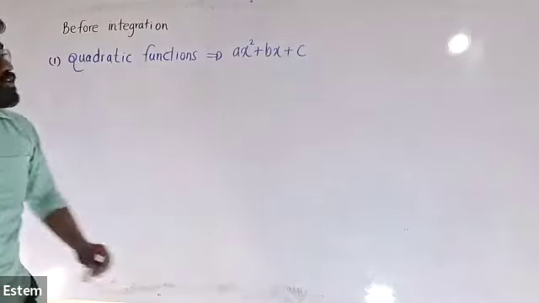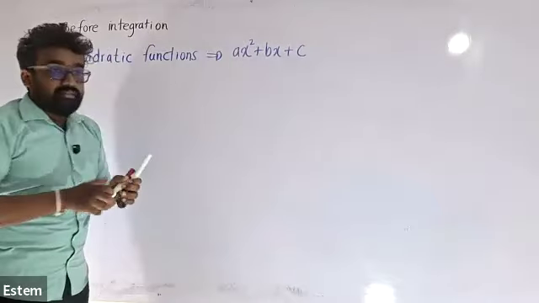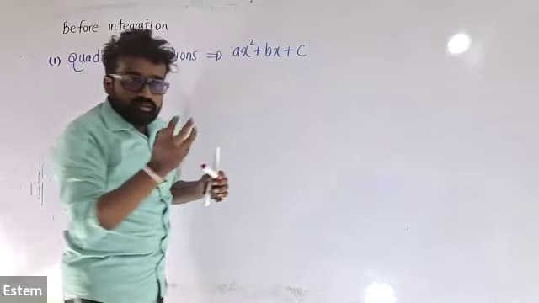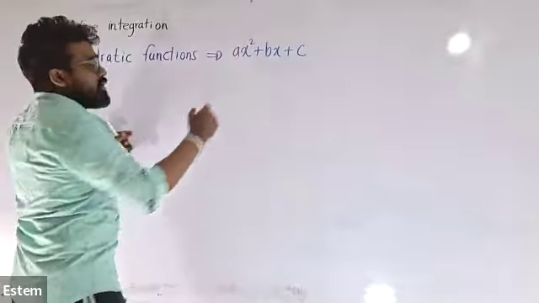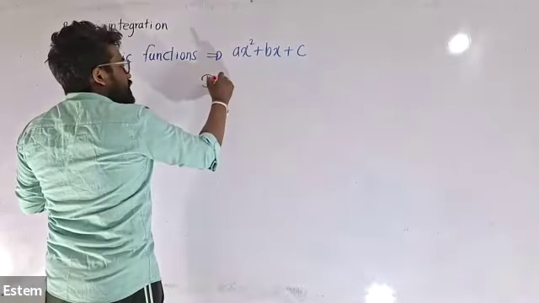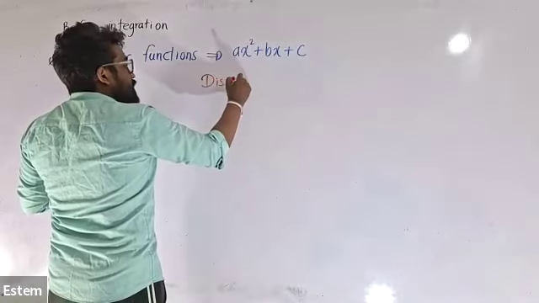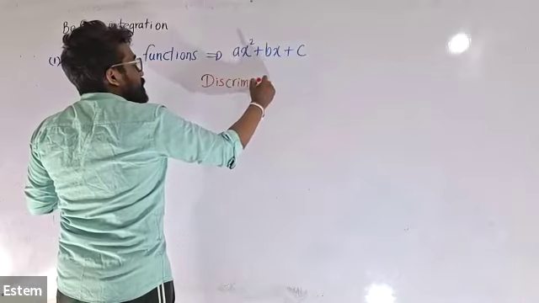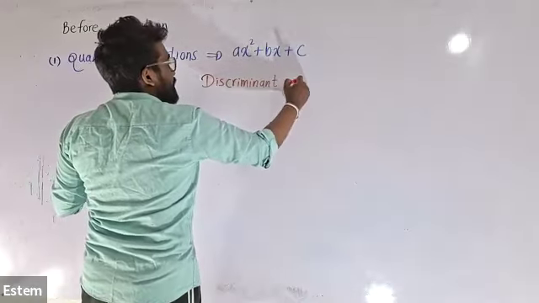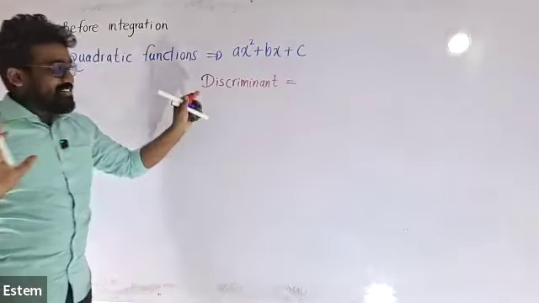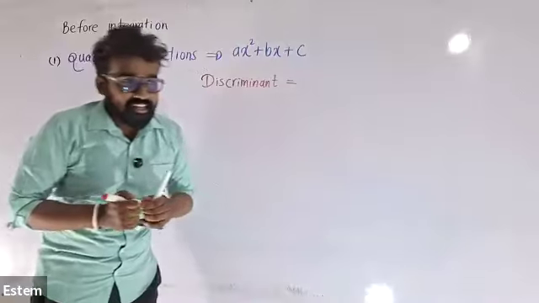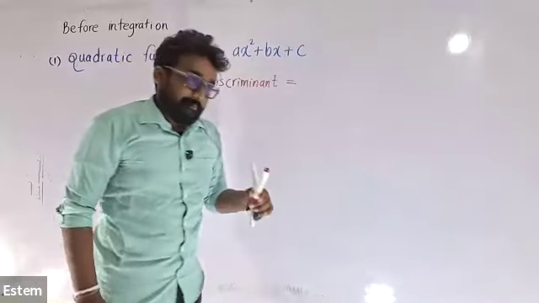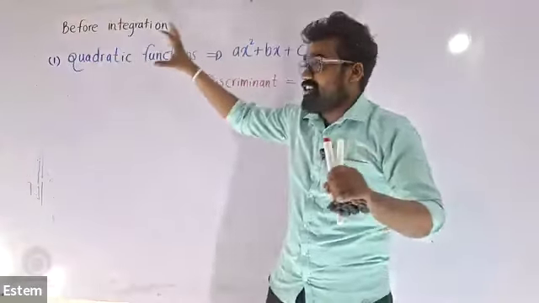Then we define a thing called discriminant for a quadratic function. So don't panic. With the value of the discriminant, we can decide so many things. That is important for integration.